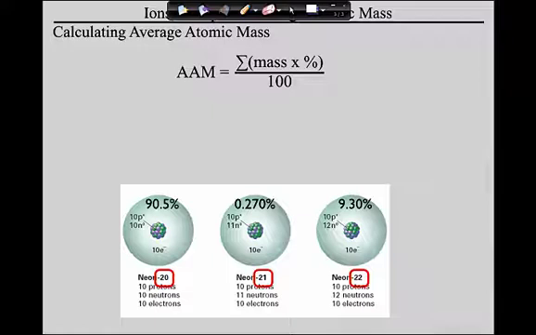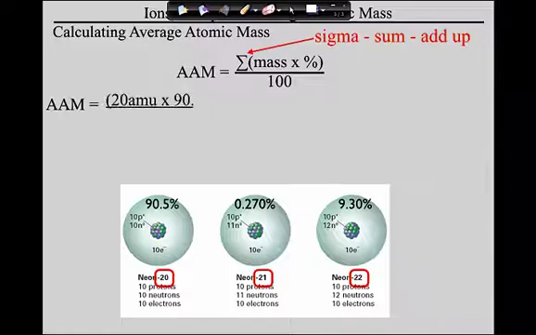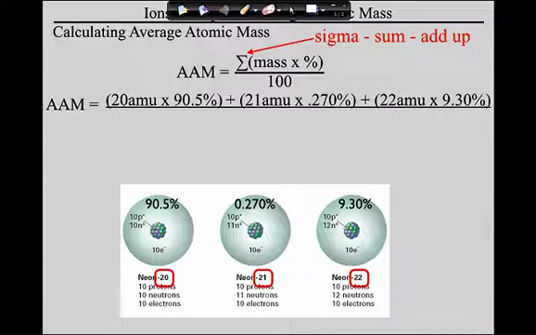So for example, neon, and I'm not going to give you time to write this down, it'll come back to you. Neon is 90.5% neon 20, 0.27% neon 21, 9.3% neon 22. And in order to find out the mass, you take the masses times the percentages, and you add those up and divide by 100.